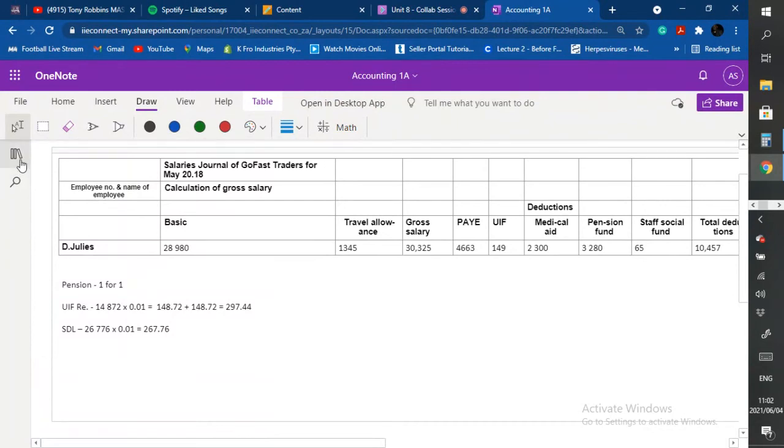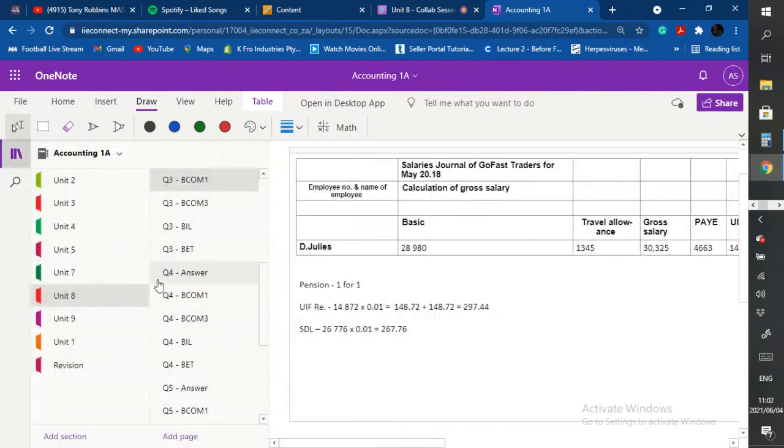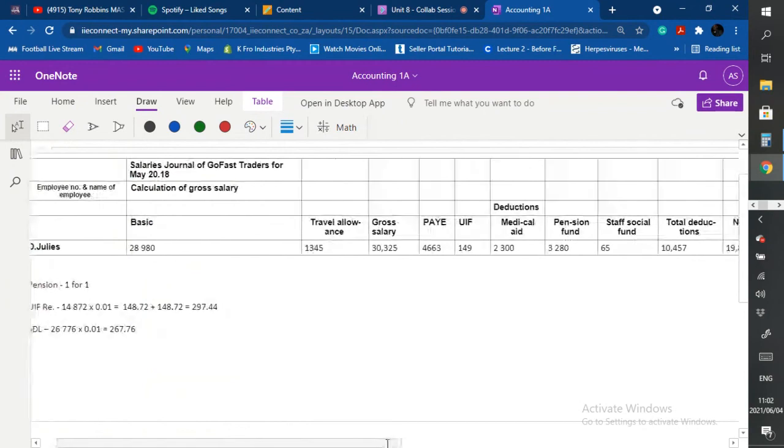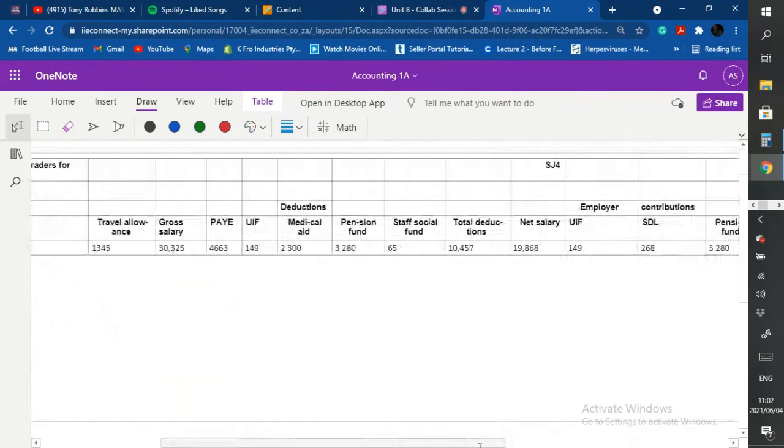Anyway, let's proceed to 8.4. Before we proceed to 8.4, let's quickly flip back to our process. Once we've completed all information in the salaries journal, we then post the salaries journal to the general ledger. So this salaries journal, we now need to post to the general ledger.